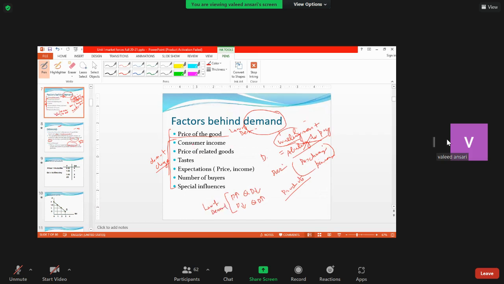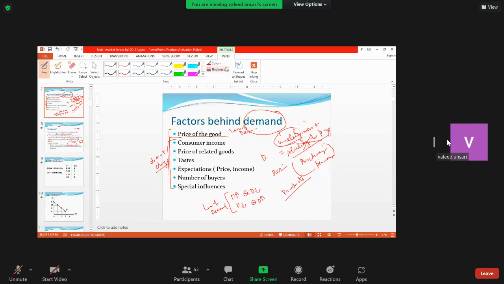Because if we vary these variables simultaneously, then we will not be able to understand the influence of price. Although there are tools available for understanding, like we may run a multiple regression using all the variables, to start with we just look at one factor and try to understand. So this is called the law of demand.